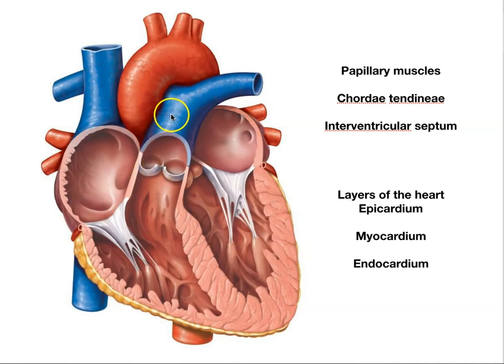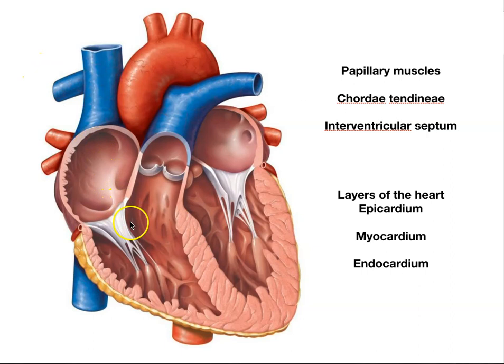Here's the pulmonary trunk. Here is the left pulmonary artery. Artery takes blood away from the heart. Here is the right pulmonary artery. And where are they taking the blood to? They're taking the blood to the lungs.